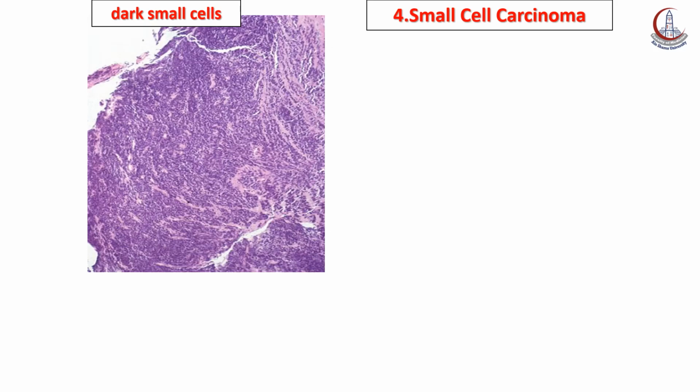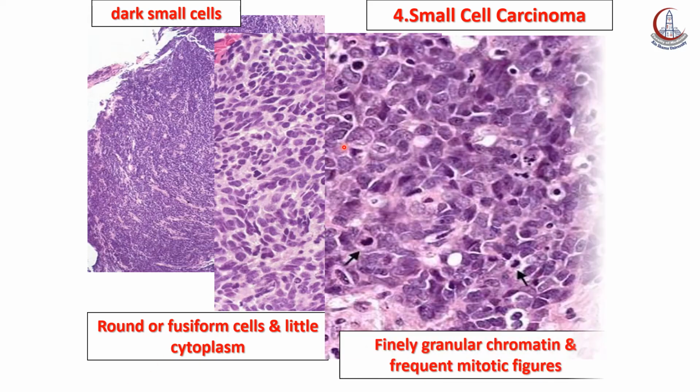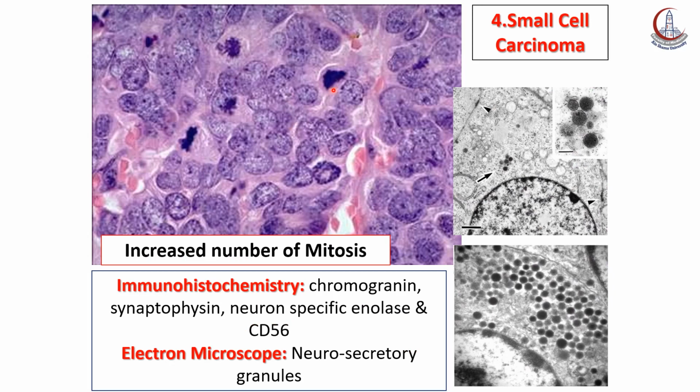The microscopic picture of small cell carcinoma formed of round or fusiform cells and little cytoplasm. The high power showing the finely granular chromatin and scattered mitotic figures. Another photo showed the scattered mitotic figures and finely granular chromatin.